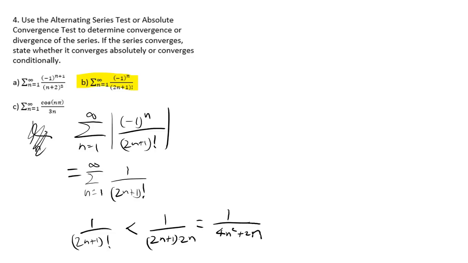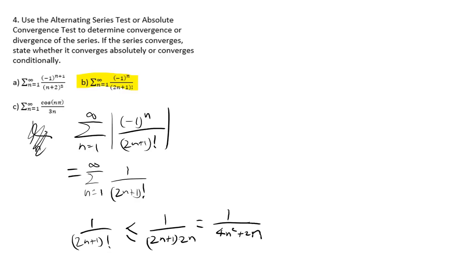That's because the denominator has 2n and 2n minus 1 all the way up to 1, so this always has more terms multiplied than this, and here I'm just taking the last two.